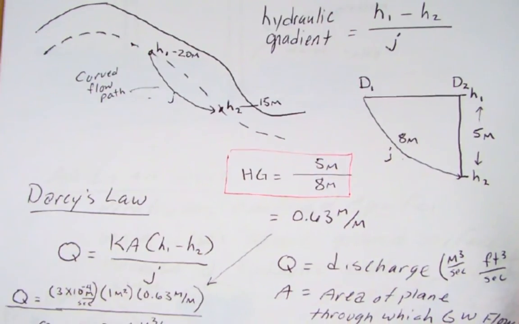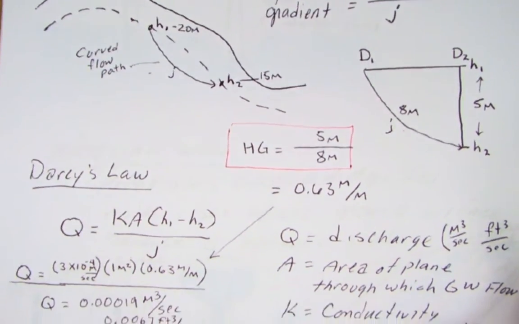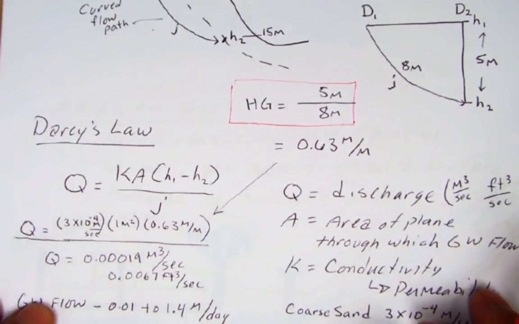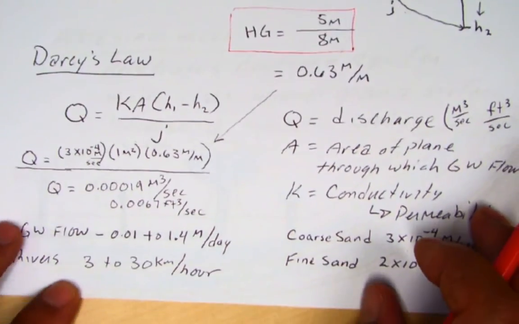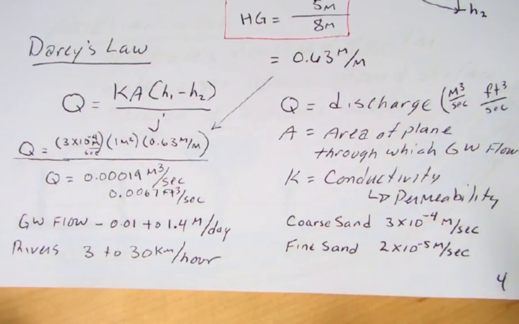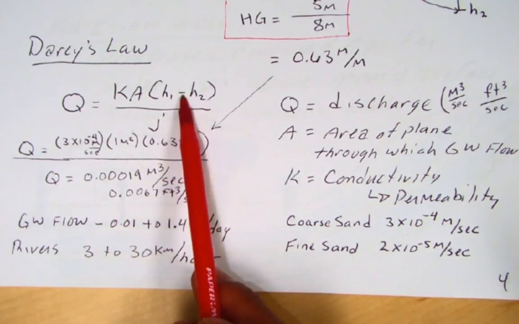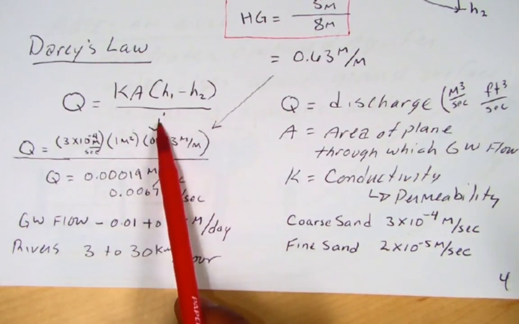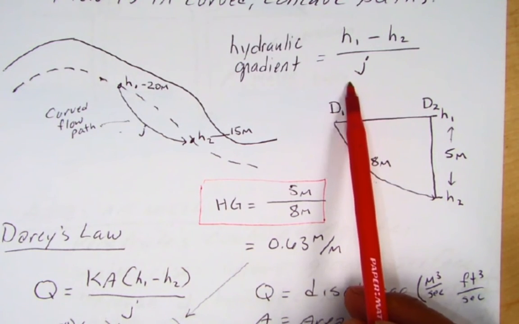Now, let's keep going here, and there's a little section that talks about the French scientist named Darcy, who sort of figured out groundwater flow, and he was more interested in the volume of groundwater passing a fixed point in the subsurface. So we're going to employ this hydraulic gradient here, H1 minus H2 divided by J, which we had up over here, hydraulic gradient, right?